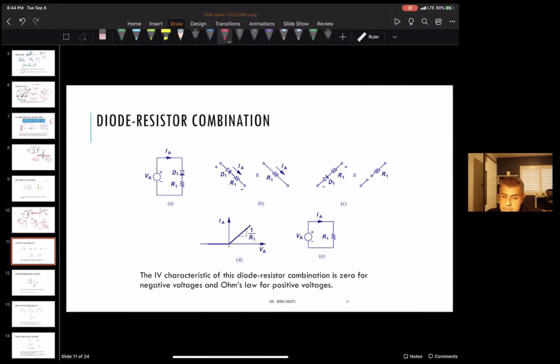It's really simple to analyze. You're just looking at whether the diodes are on or off as switches. It's a way to simplify circuit analysis when it's called for. Any questions?